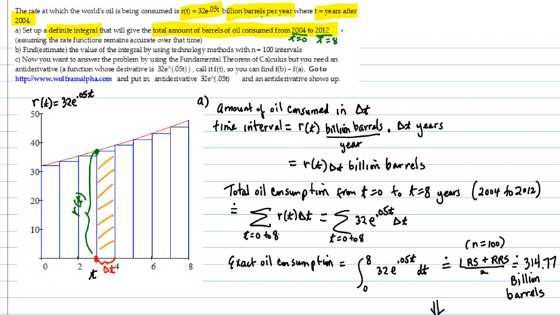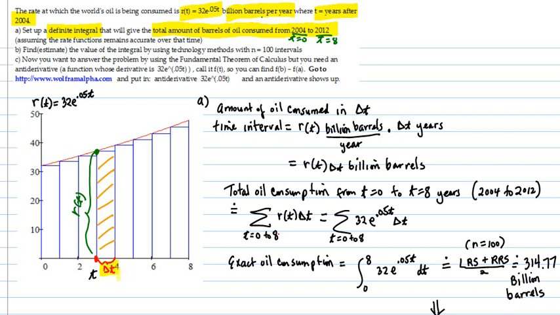Alright, so I graphed the R of T function, the rate of consumption, and drew some representative rectangles. And you have your picture here. Notice that you have a delta T time interval.